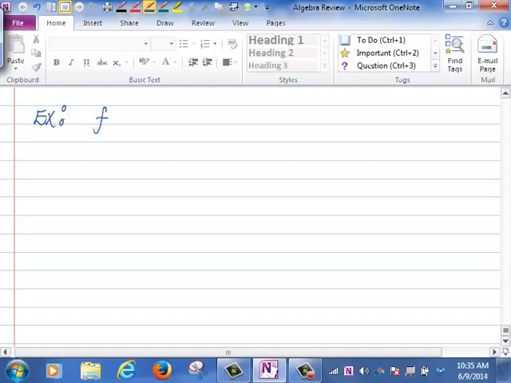Suppose that I have the function f of x, which is given by x squared minus 8x plus 9. And let's say I would want to find f prime evaluated at, well, let's take negative 2.